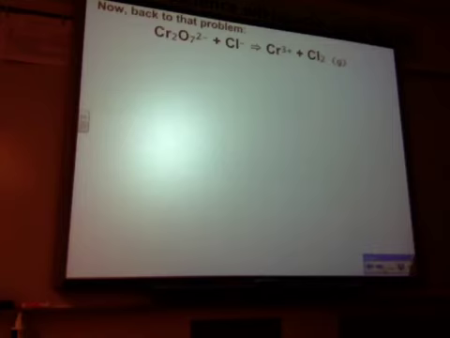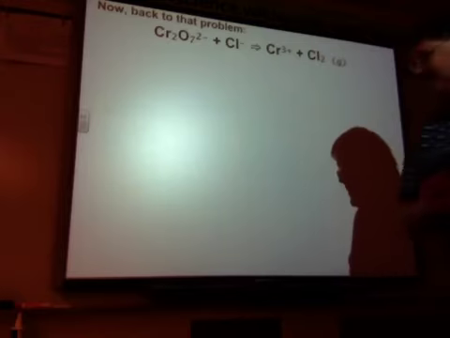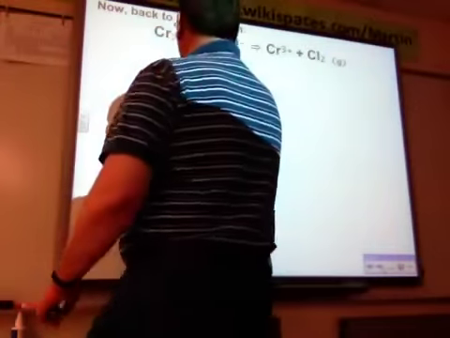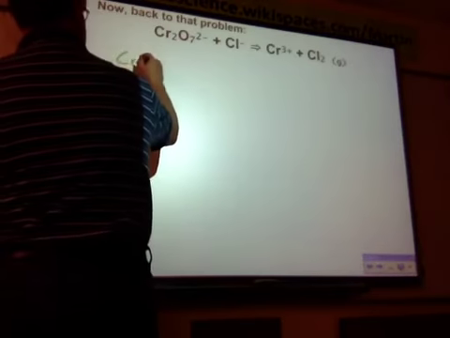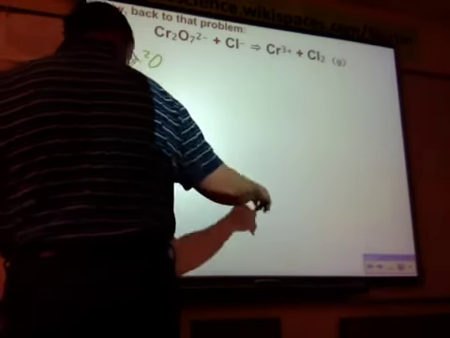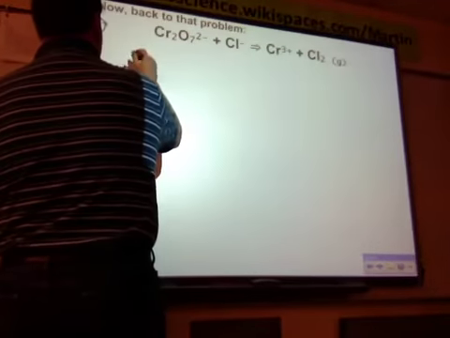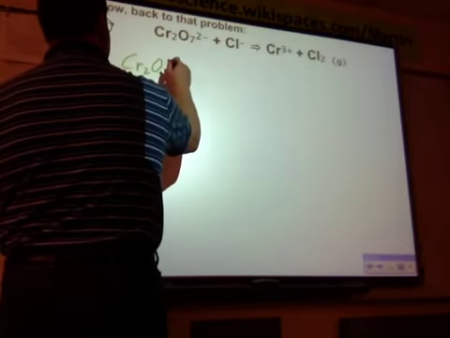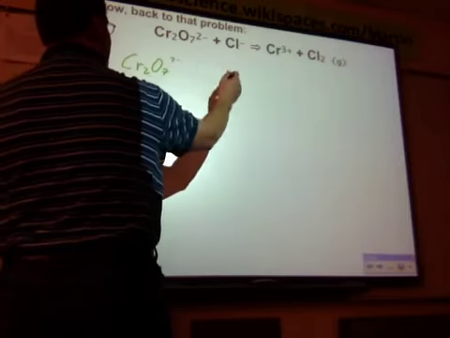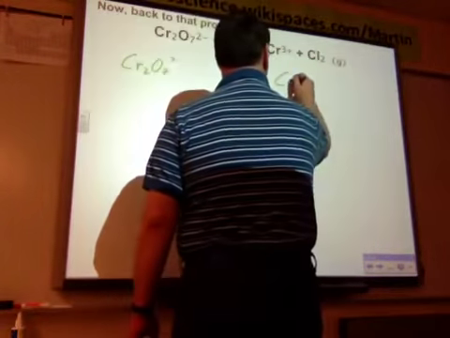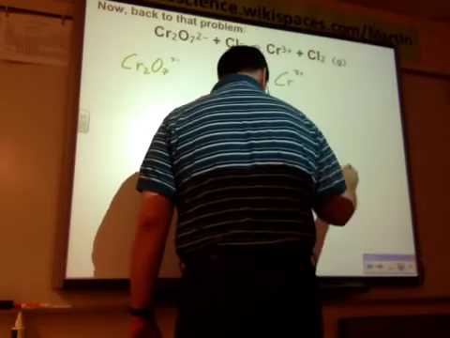Dichromate ion plus chloride ion goes to make chromium 3 ion plus chlorine gas. Okay? So, one of our half reactions was this: Cr2O7 2 minus goes to chromium 3 plus.